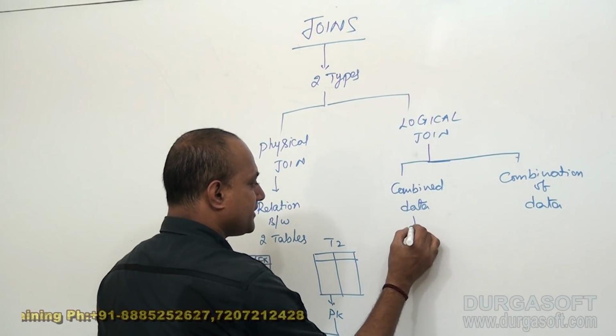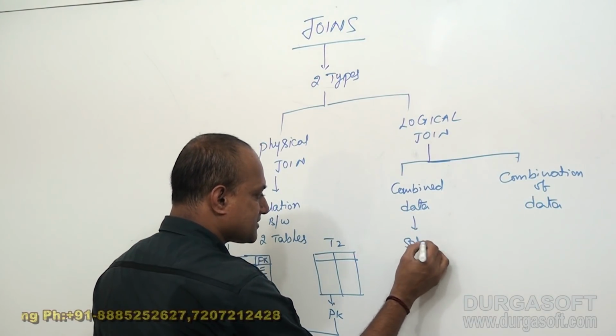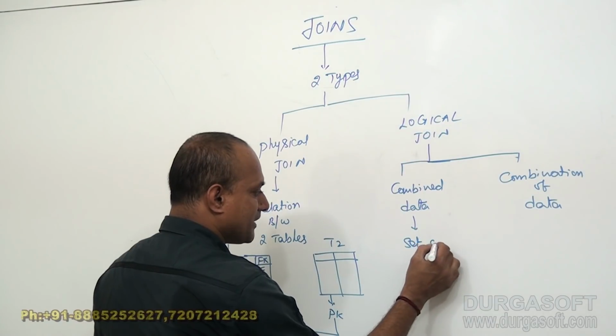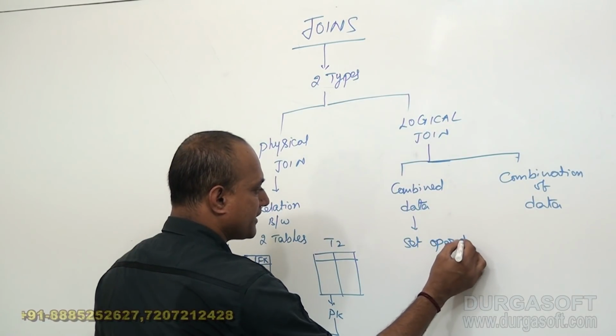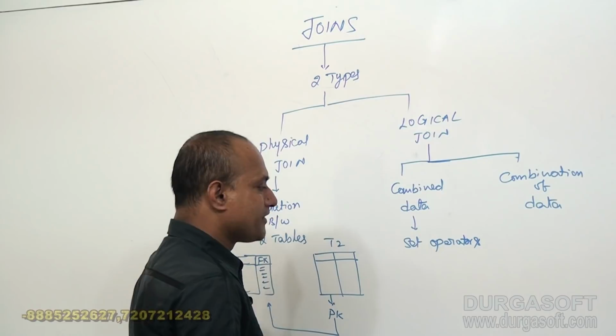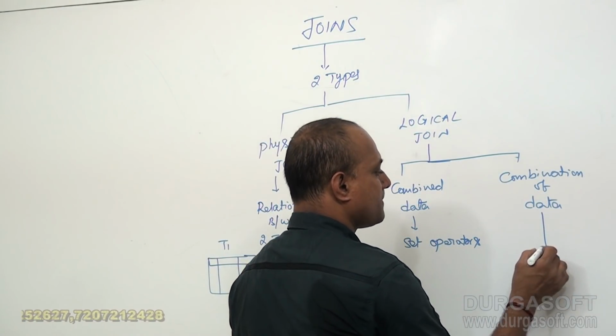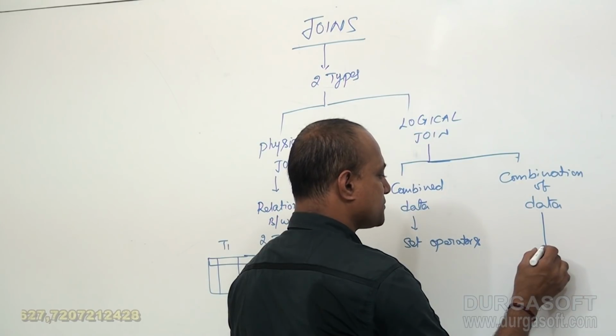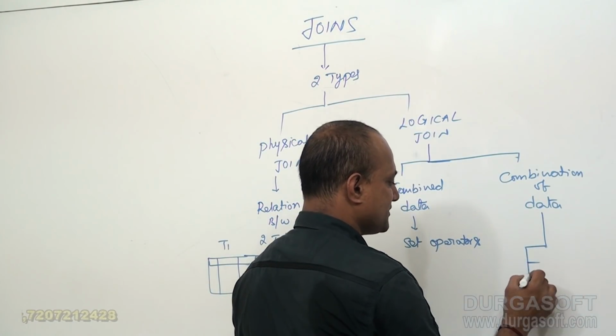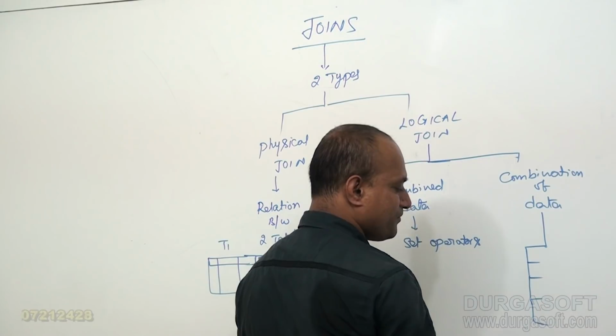What is combined data? That we finished in the last session or before. By using set operators, we get combined data. And what is the combination of data? Here we have multiple joins. What are the joins? Let us see.